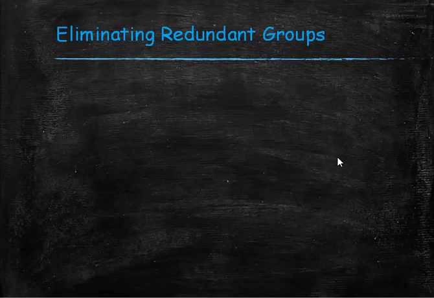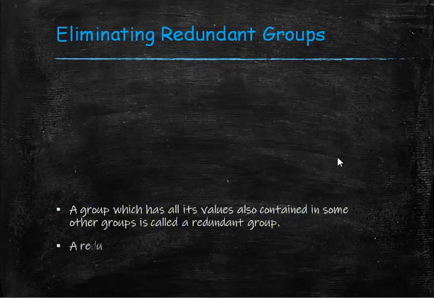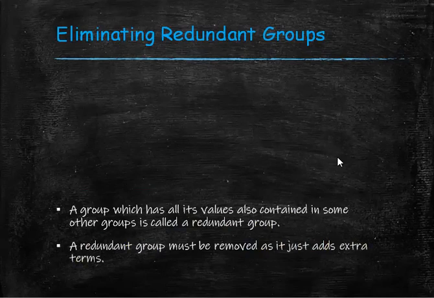One theorem called the redundancy law was discussed in the Boolean laws. Here in the Karnaugh map, it says that we have to eliminate the redundant group. A group which has all its values also contained in some other group is called a redundant group.